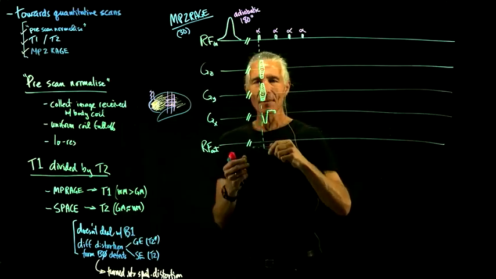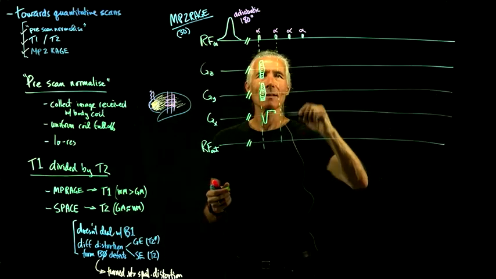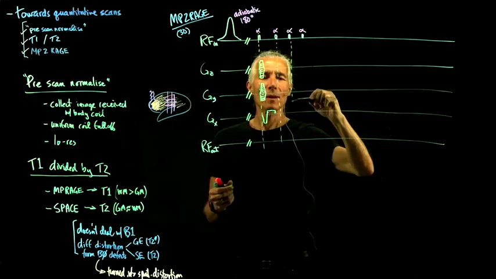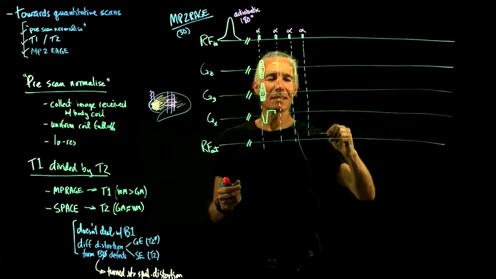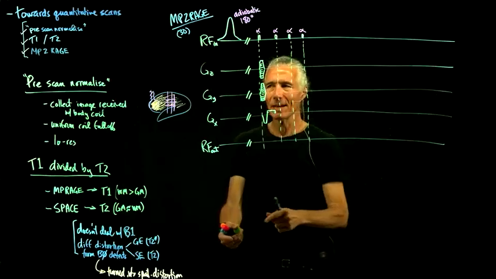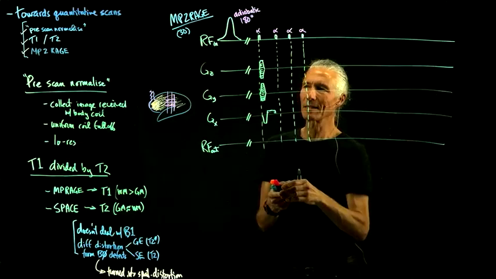And then I mentioned last time with MP-RAGE that it's a weird mix, because the magnetization is recovering, and it's not a steady state scan the way that FLASH is.